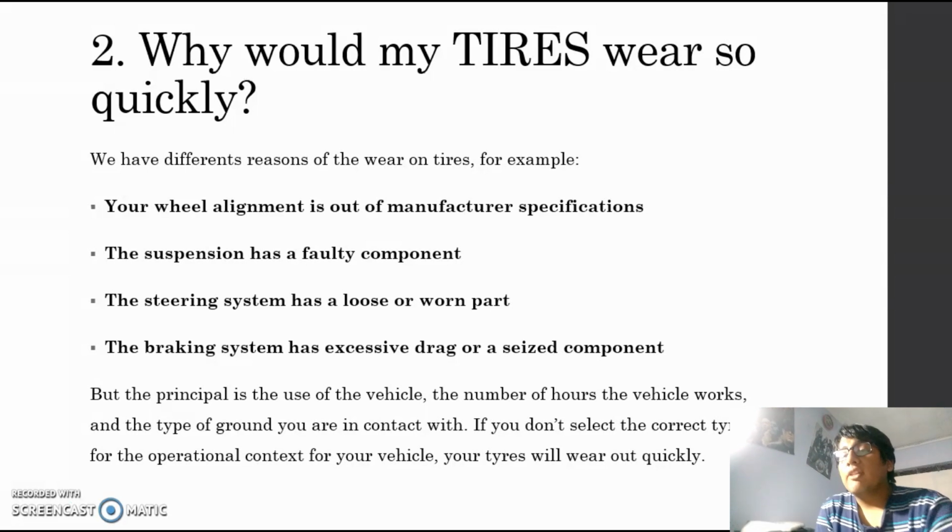But for me the principal reasons are the use of the vehicle, the number of hours the vehicle works, and the type of ground you are in contact with. If you don't select the correct tire for the operational context of your vehicle, your tires will wear out quickly, because we need to make a study of the type of tire you need.